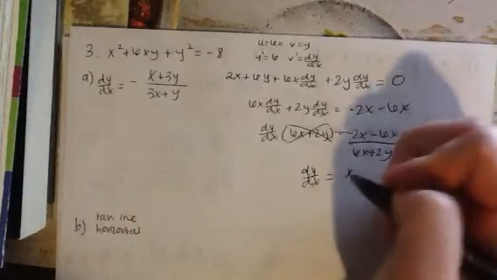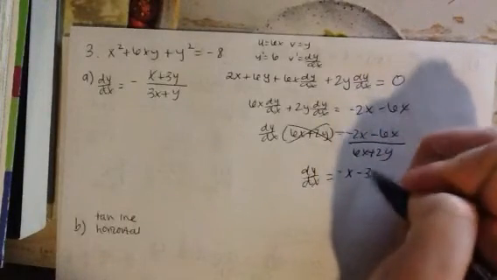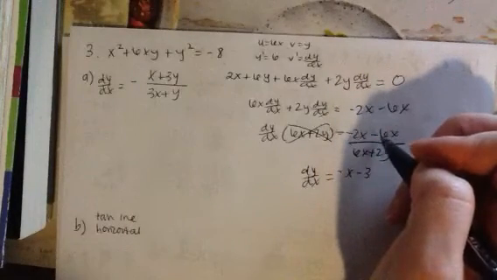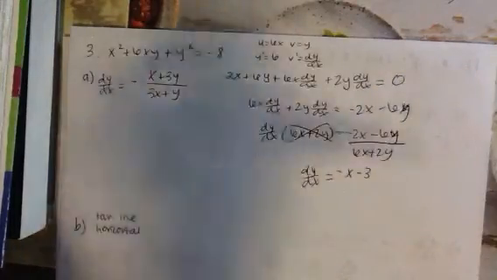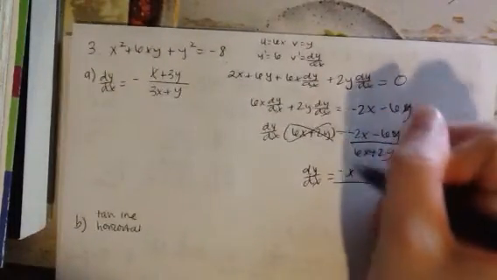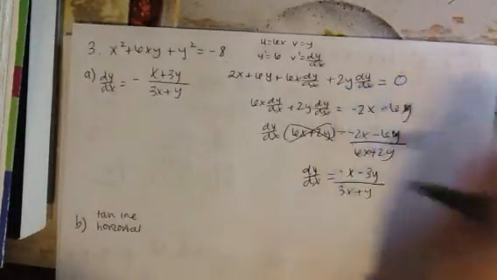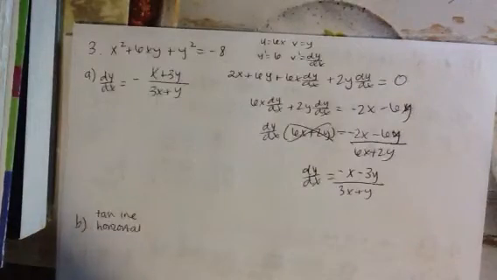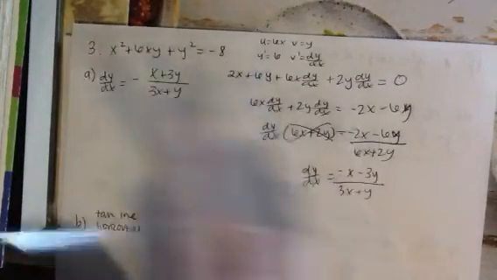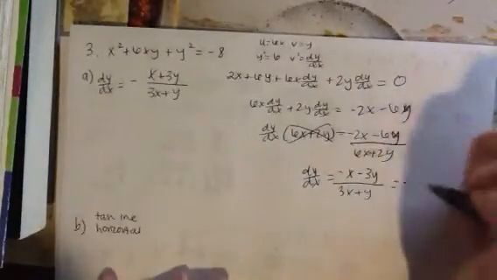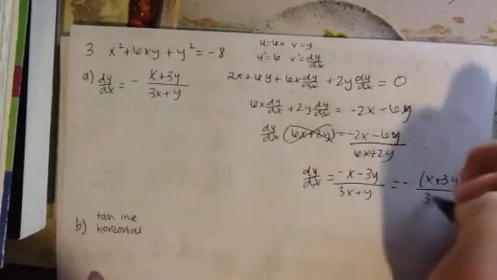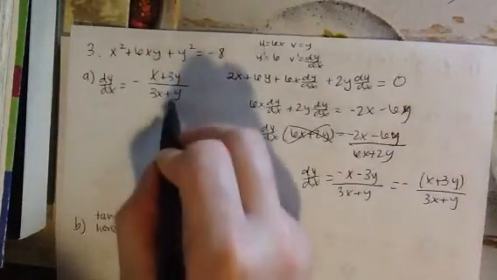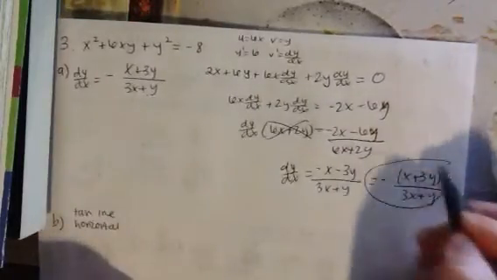That would be x, 3, oh, that's supposed to be a y. Yeah, that's a y. Minus 3y over, divide by 2, 3x plus y. And then I'm almost done. They don't have negative, negative. They have the negative out front, but that is the same as negative x plus 3y over 3x plus y, which does match what I am supposed to do. So check.